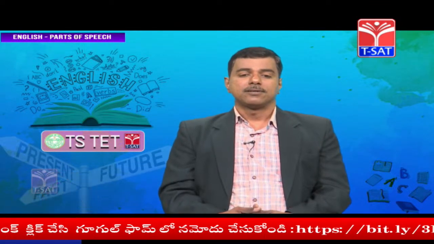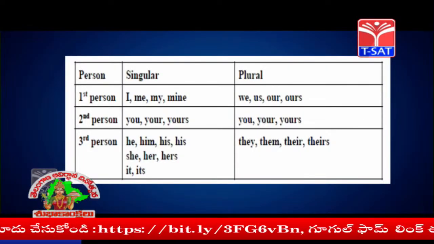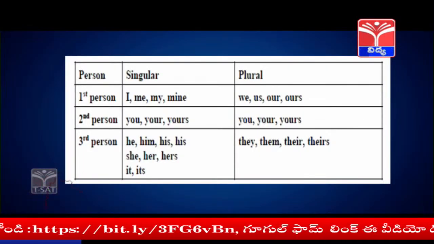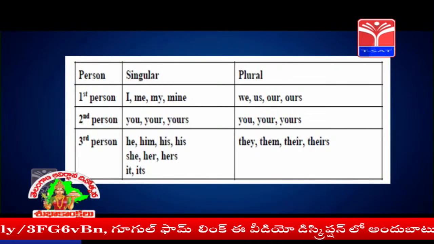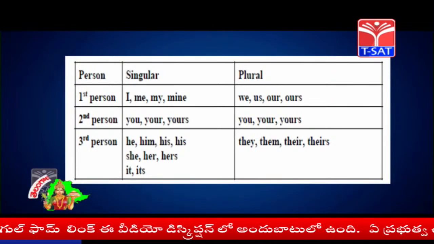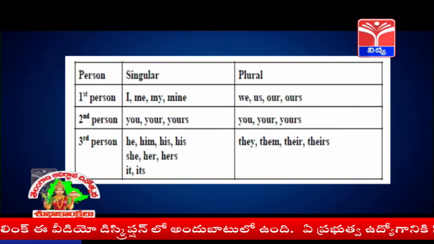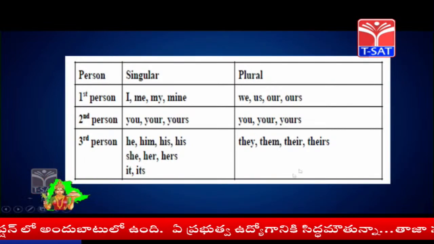Personal pronouns differ in terms of number, singular number and plural number, with reference to the person. Who is the first person? The speaker is the first person. Always remember, the first person is always going to be the speaker who initiates, who starts the discussion or the talk. So singular: I, me, my, mine.